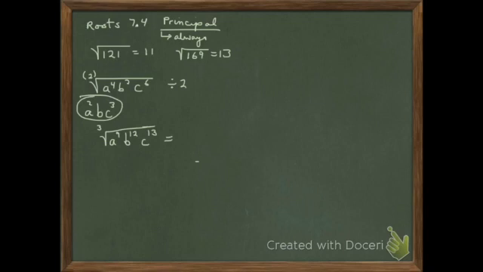Well, 9 divided by 3 is 3. For b, 12 divided by 3 is 4. For c, the number that goes in evenly would be a 12. So I have c to the 12th times c. You could think of it that way. 12 divided by 3 is 4, but I still have 1 under the radical. Don't change your index, and this is c.